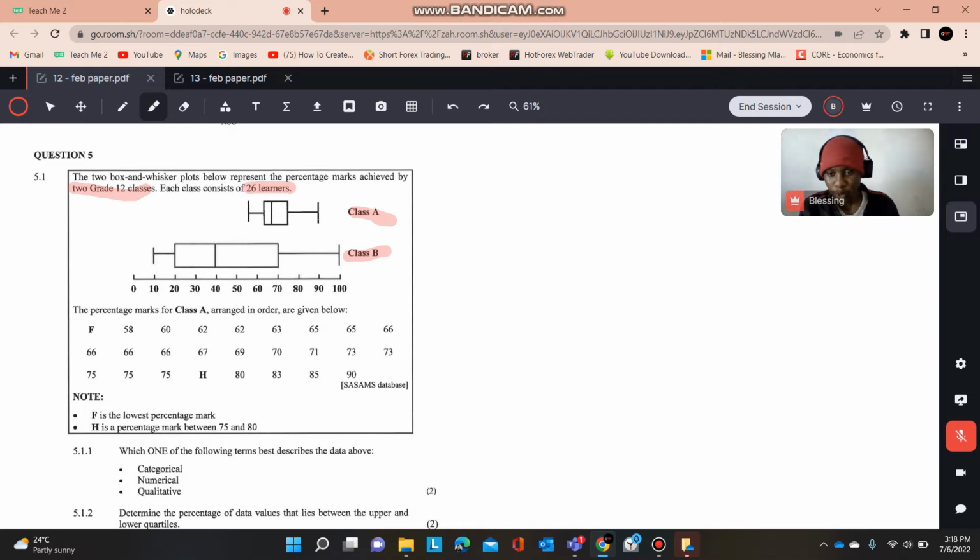And then we have the two box and whiskers. It's very key to understand how to analyze a box and whisker and to know what a box and whisker means, right? So let's just talk through this box and whiskers a bit. We know that the first whisker over here, where it ends, that's where we get our minimum mark, meaning that the student who got the lowest mark in either of the classes is represented by this whisker where it ends.